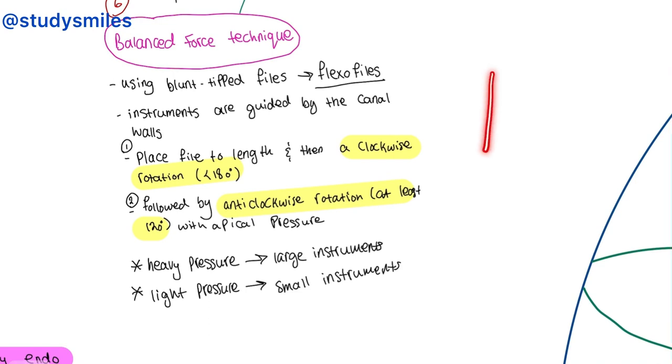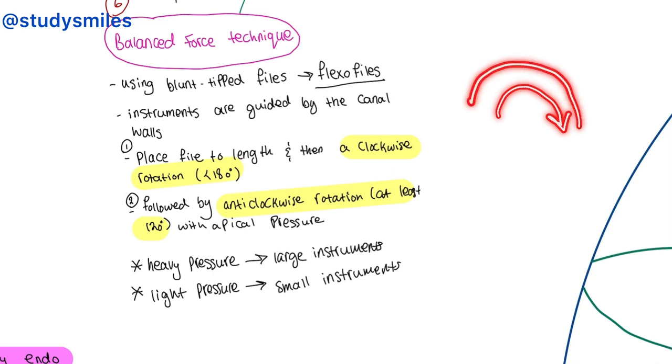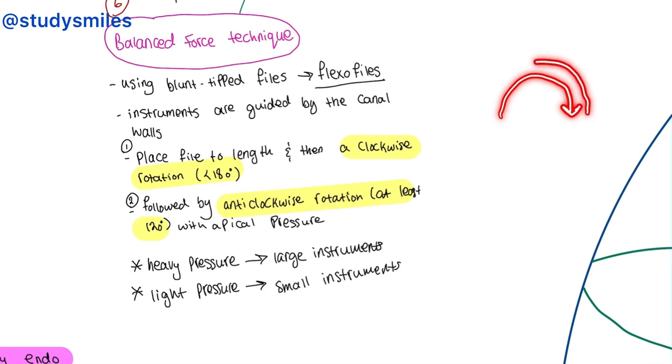So when you get into a canal, you first go clockwise, less than 180 degrees, and then you do an anti-clockwise rotation of 120 degrees. Let's say 180 degrees like this, and then 120 somewhere around here.